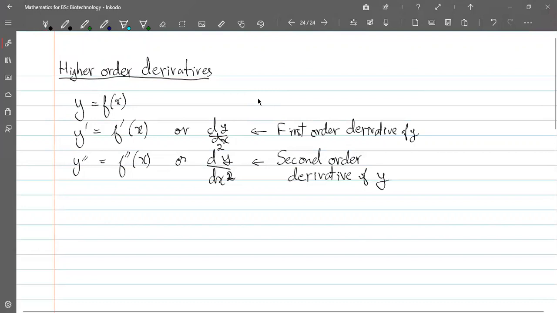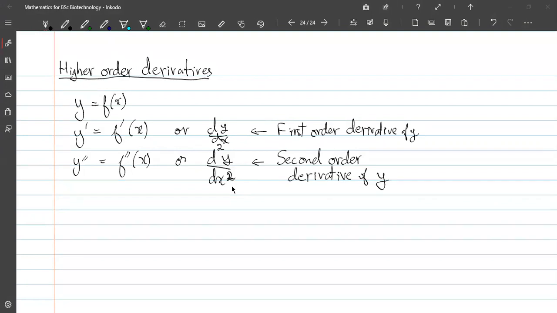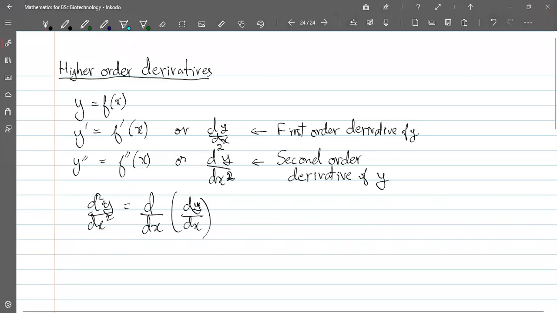So the second order derivative of y, what is the definition? I didn't define it. I just wrote the notation here. So d square y by dx square actually denotes d/dx of dy by dx, where dy by dx is a function of x.